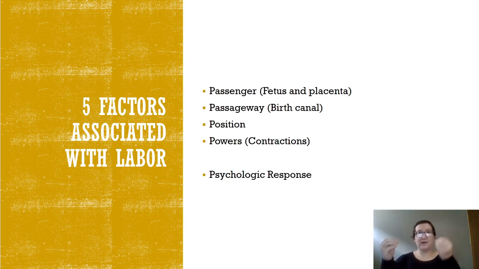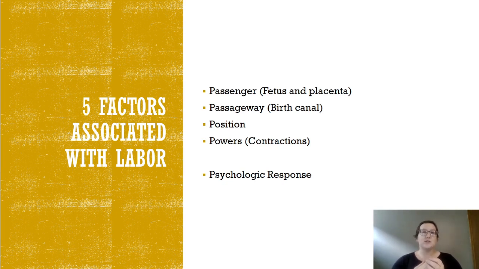All right, we've got 2 major organ systems that must be evacuated during the laboring process. The passageway refers to the birth canal. The position of the fetus, we'll also be talking about.